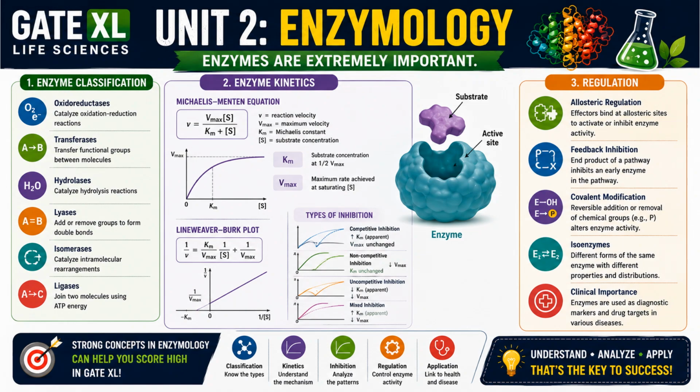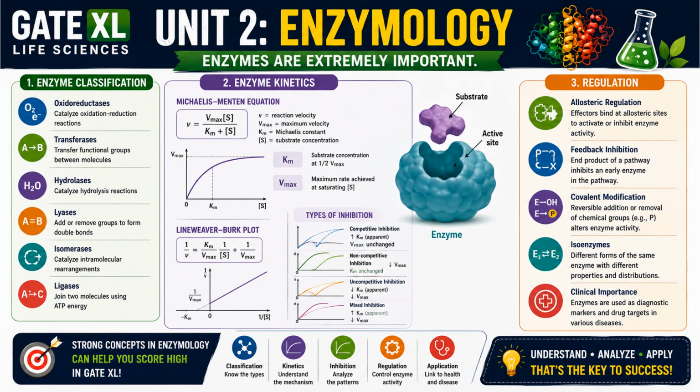So enzyme classification, then enzyme kinetics, where we have different kinds of plots, mechanisms and equations, Km, Vmax, Lineweaver-Burk plots, and different types of inhibitions. And in all those different types of inhibitions, how it is going to affect the Km and Vmax, so those portions.